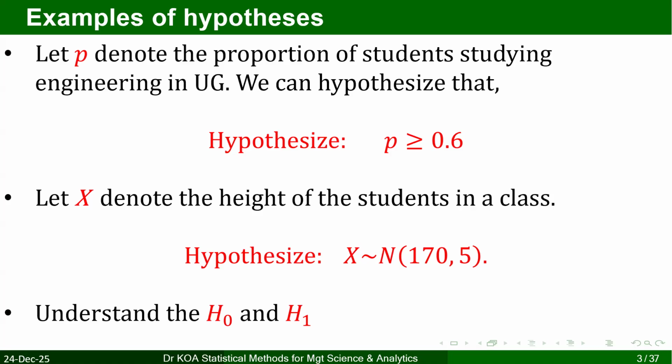For example, the exchange rate: you can assume that one dollar is 12 cedis. That is the assumption, but when we sample and test, we realize that it is not the case. So the null is the assumption that the exchange rate is 12 cedis to the dollar, and the alternative is that we find it is not the case. Either it is more or it is less.